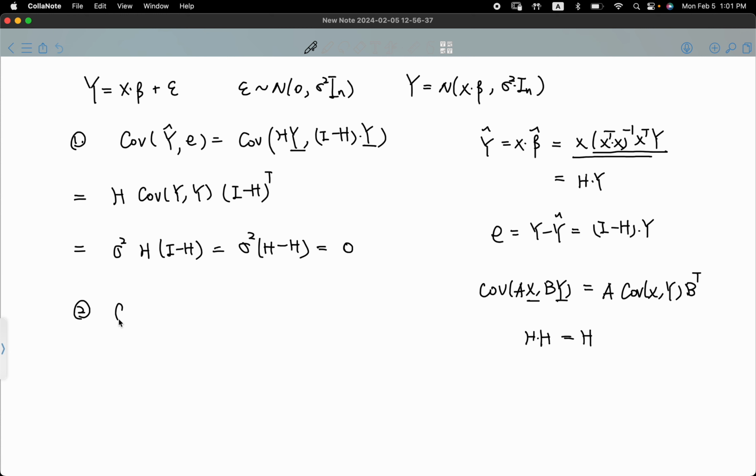The second quantity that we are going to talk about is the covariance of beta hat and the residual. Here, let's plug in the closed form solution for beta, and then I minus H multiplied by y.